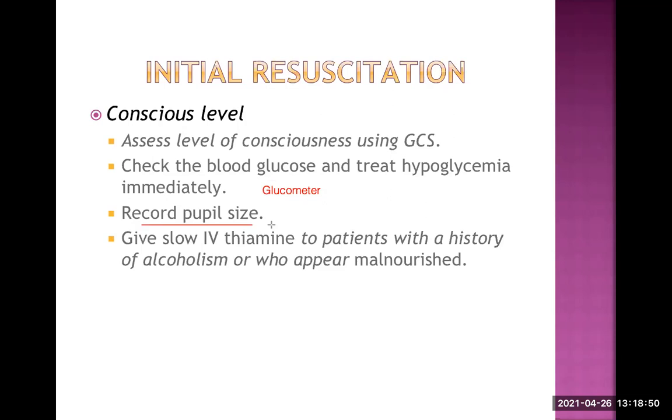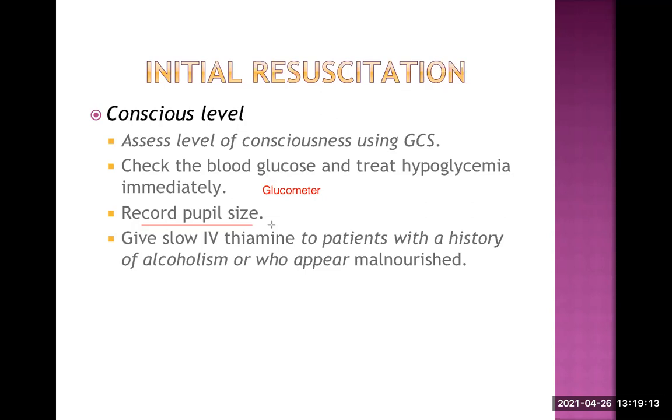Any idea? Anybody? That means there may be some focal lesion in the brain, maybe some hemorrhage on that side. Okay, and the third cranial nerve on that side may be compressed or damaged.